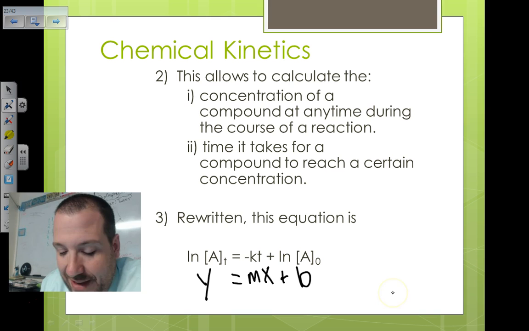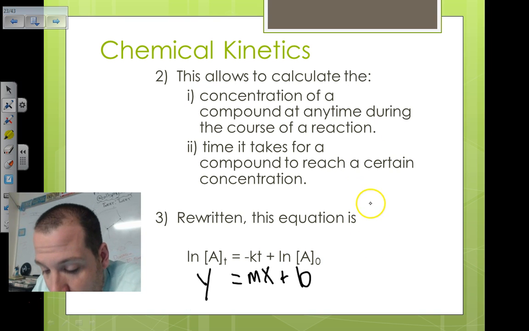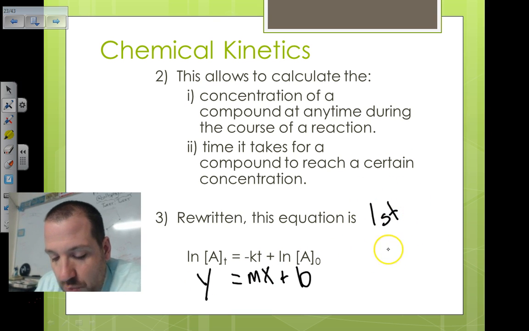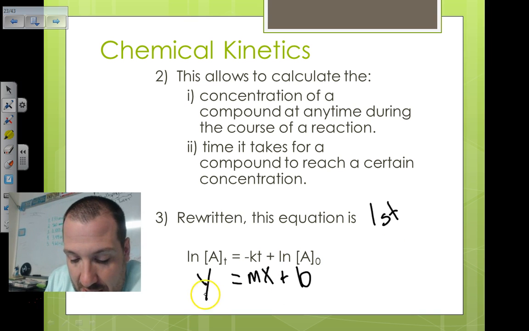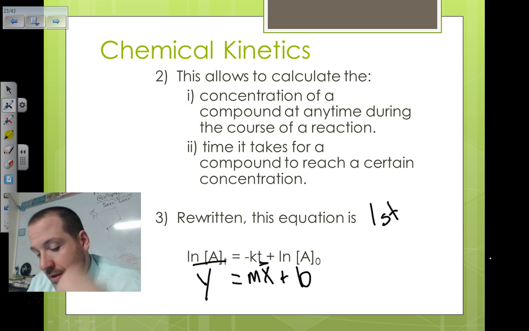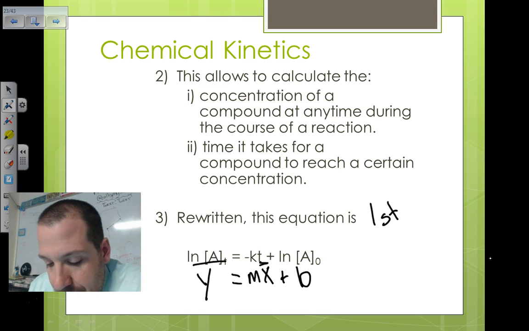And that's key, because if we do our chemistry correctly, and it is a first-order rate law, the first-order equation will produce a straight line when we plot y, which is ln of A, versus the time. That's a neat check when we're doing our chemistry.